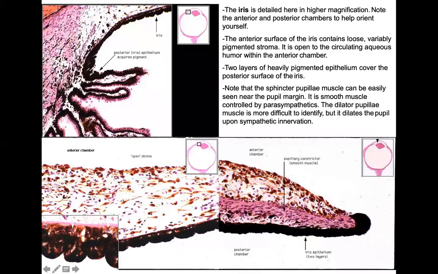Now the iris, here, the anterior surface of the iris usually contains loose and pigmented stroma. So here, the innermost layer of the iris is usually heavily pigmented. Okay, usually the posterior surface, this one, the posterior surface of the iris.